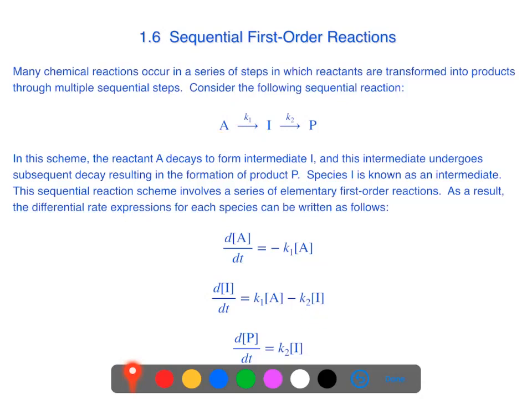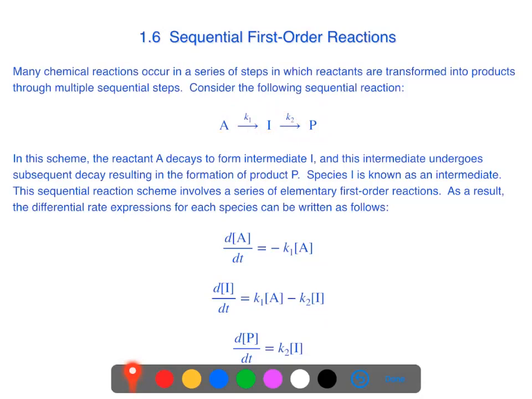Similarly, we can see that I is being consumed or is decaying to product P. And so this occurs with a rate constant k2, which is dependent upon the intermediate concentration. And so we would express that as a minus k2 I. And then finally, we can express the rate of product formation.